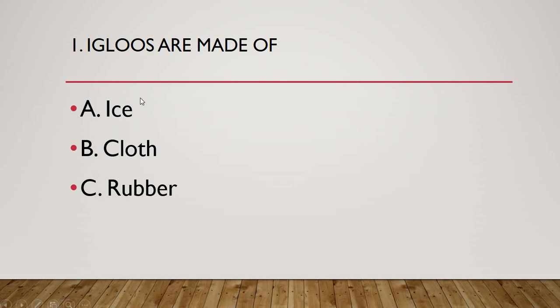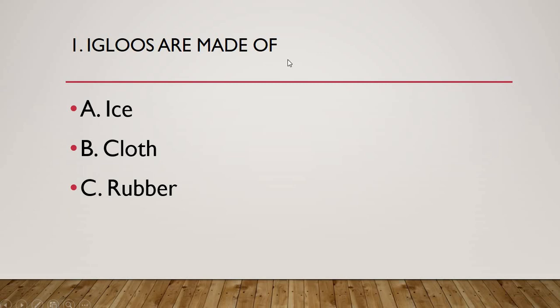You all know what ice is, correct? Snow or ice, you can say. Ice is hard, a kind of solid form of water. If you keep water at 0 degrees Celsius, it becomes ice. The other options are cloth and rubber.